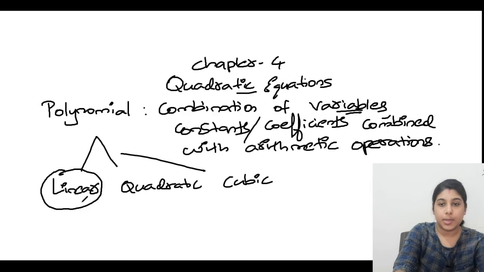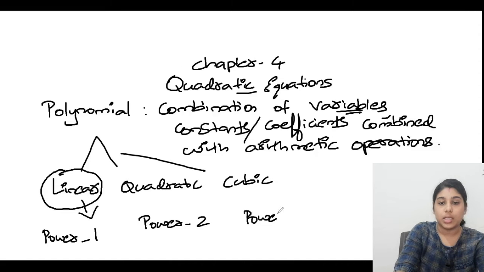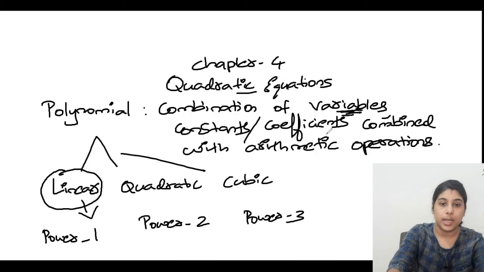Linear means the variable has the power 1 only. Quadratic means the variable has the power 2. Cubic means the variable has the power 3, and so on. So the variable is important here. In terms of this we are dividing linear, quadratic and cubic. I hope everybody understood that portion.